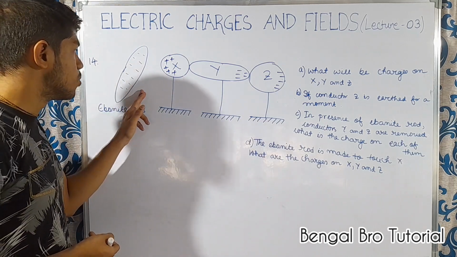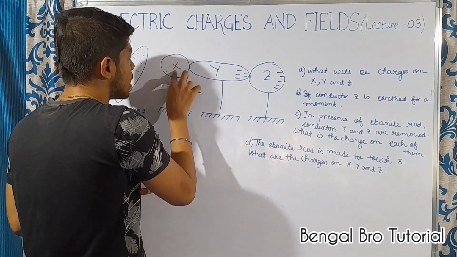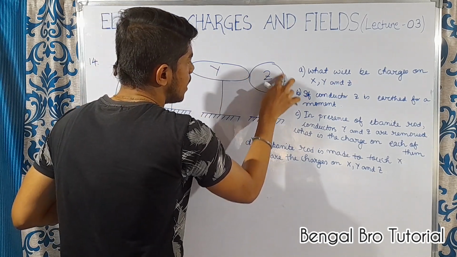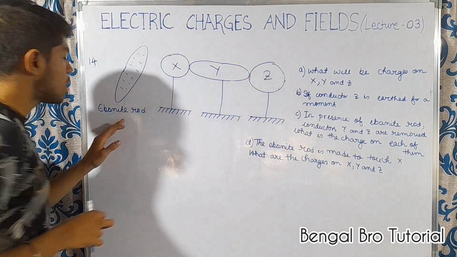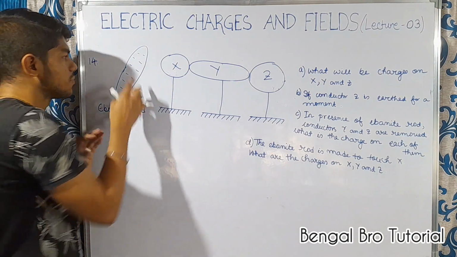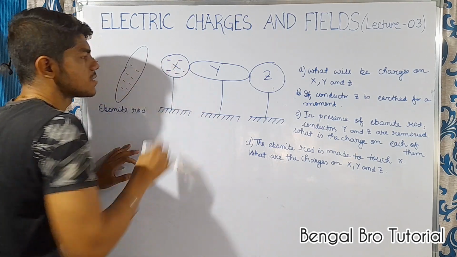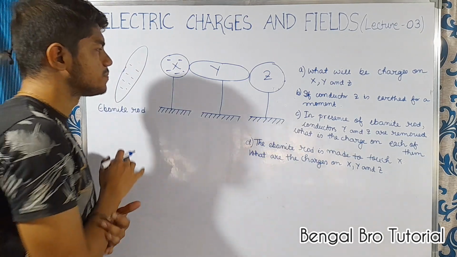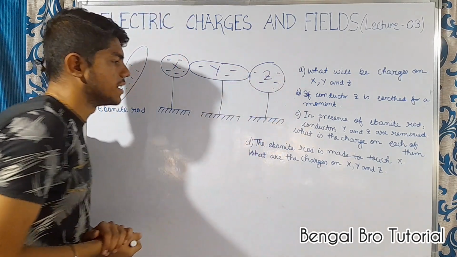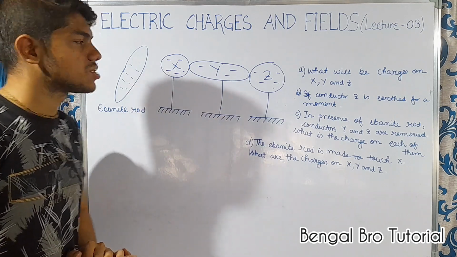But when the ebonite rod is made to touch X, then X will get charged by the process of conduction, because these three are conductors, and the ebonite rod will share its charge with X. Since it is negative charge, when it touches X, some negative charge will flow to X, and some charge will also flow to Y, and some to Z, and all three bodies will become negatively charged.